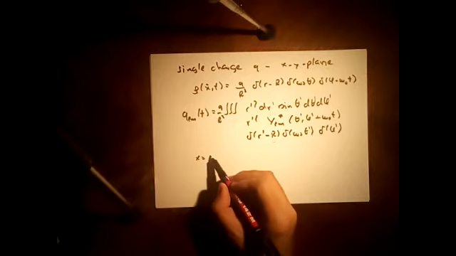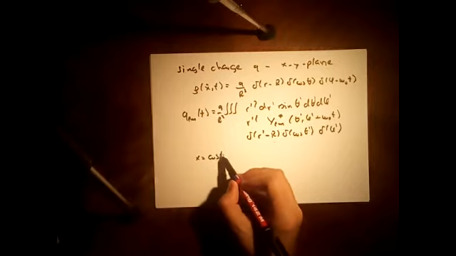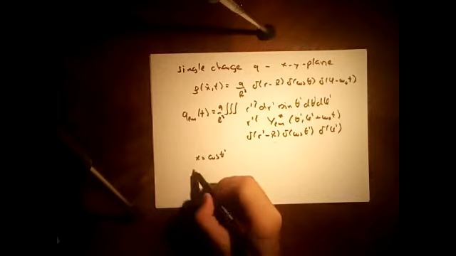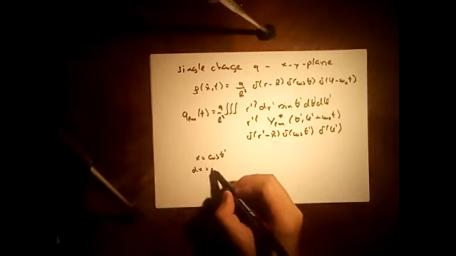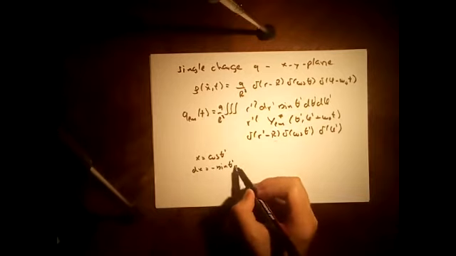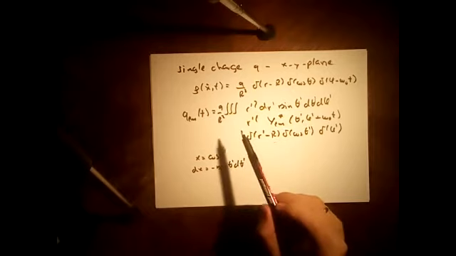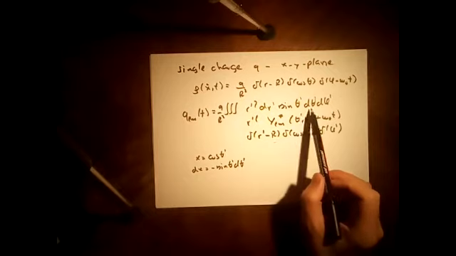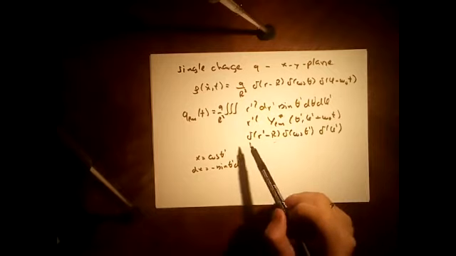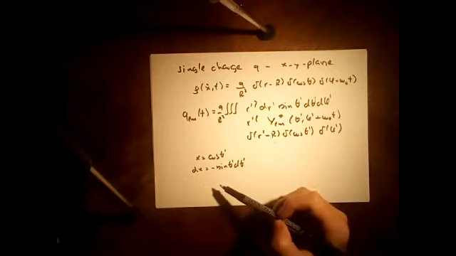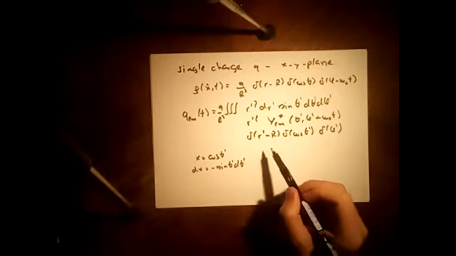So we're going to set x equals cosine theta prime, which means that we have a dx, which is minus sine theta prime d theta prime, which also means that the limits, which used to go from 0 to pi in theta prime, now go from -1 to +1, okay?